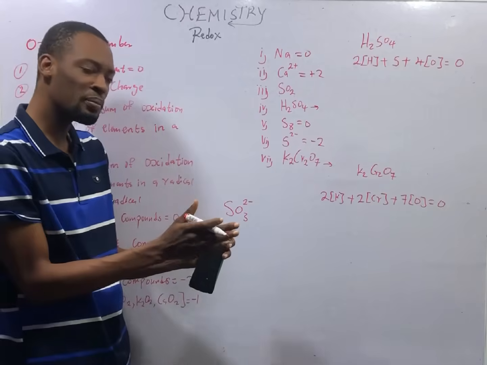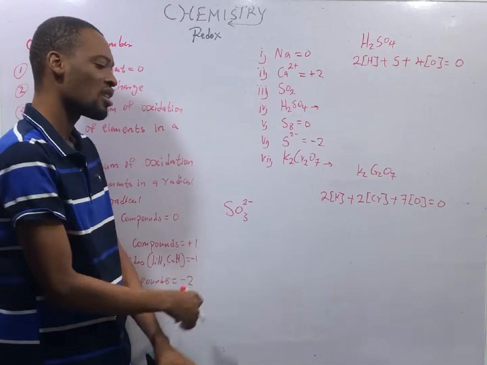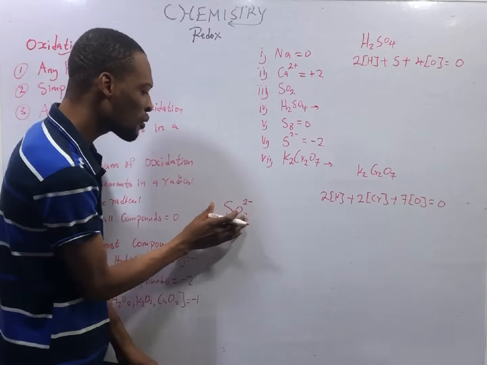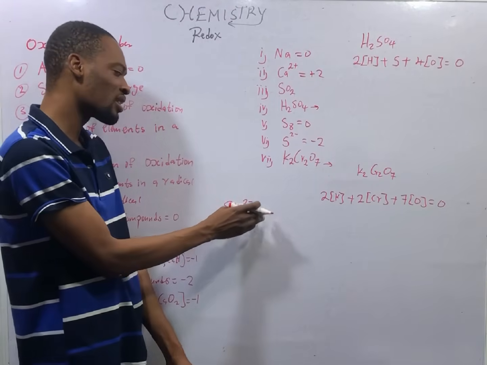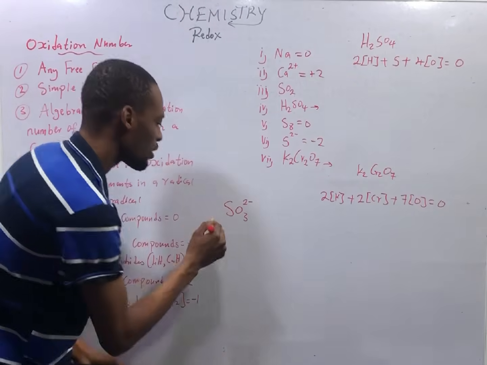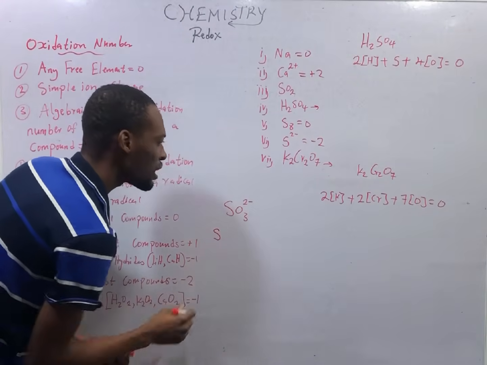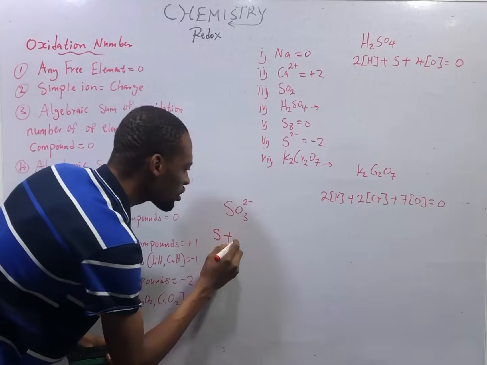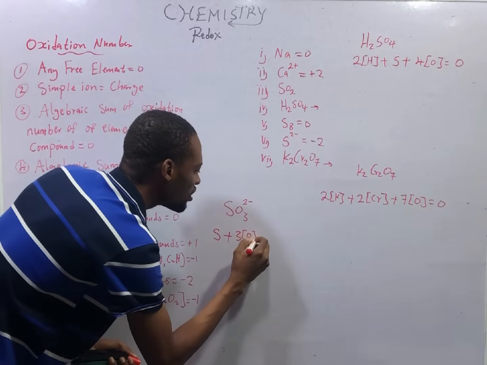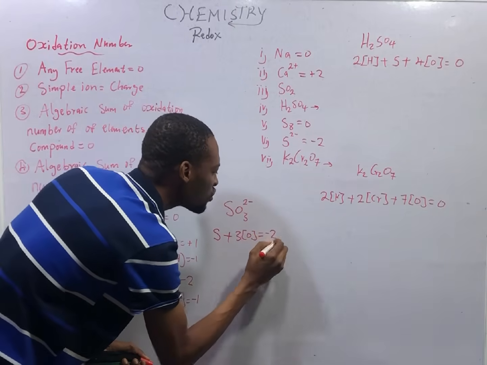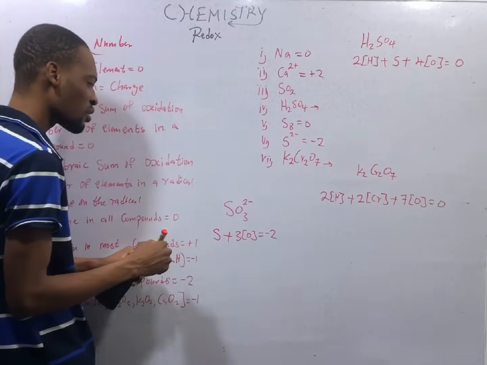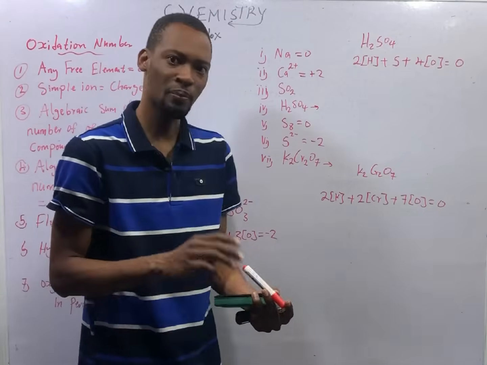When you have more than one element combined and they have a common charge, they are referred to as radical. So the algebraic sum of the oxidation number of each of the elements should be equal to the charge of the radical, which implies that here will be oxidation number of sulfur plus we have 3 oxygen, 3 times oxidation number of oxygen. Everything should be equals -2 instead of 0 because this compound possesses a charge. So radical is a compound that possesses a charge.